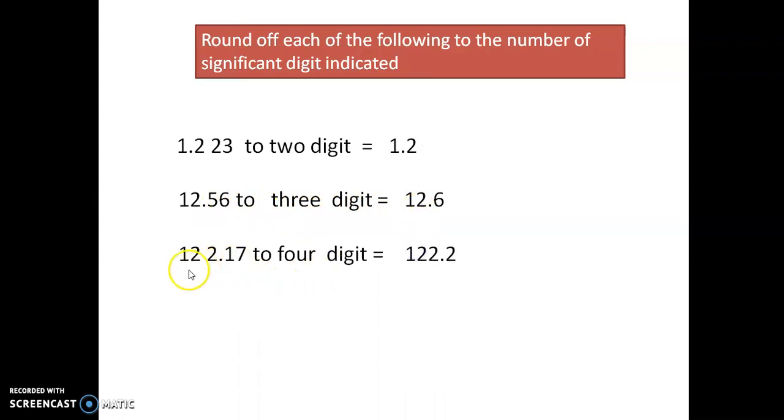If we have 122.17 and you want 4 digits for this, then it becomes 122.2. For this again 231.5, with 3 digits, that is 232.